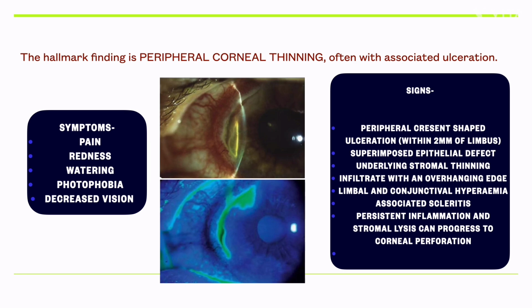Now the bottom image here shows the fluorescein staining under the cobalt blue light, which vividly highlights the epithelial defect and the extent of tissue loss. Now one thing very important to remember, the hallmark finding in PUK is crescent-shaped peripheral corneal thinning with associated ulceration.